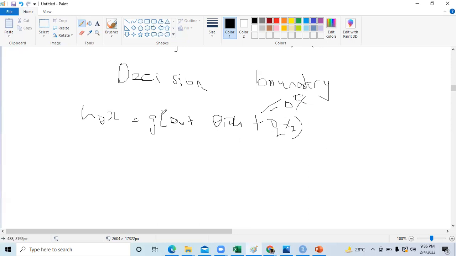So let's say our theta 0 is equal to -3, our theta 1 equals 1, and our theta 2 equals 1. Let's just give them arbitrary values. So our theta, in vector form, will be -3, 1, 1.